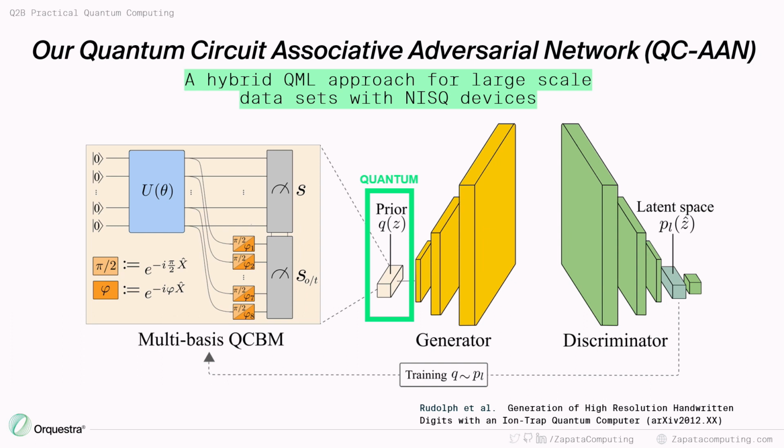As I'm showing here in this cartoon on the left, we're not only collecting samples in the computational basis, but we're enhancing the power and expressibility of the probabilistic model by also including measurements in an orthogonal basis, like the Y basis. One of the things that we also did experimentally is that you can even let the entire hybrid quantum-classical algorithm decide which bases you should measure. And that's the power of this approach.